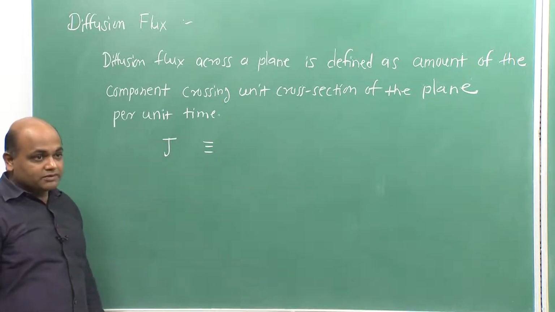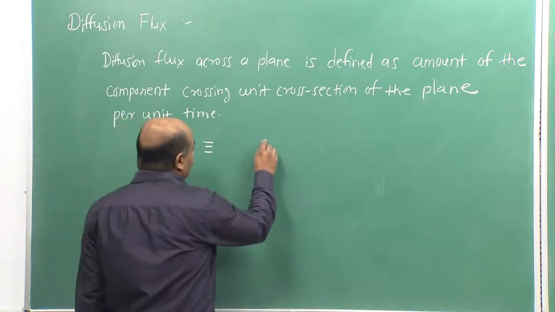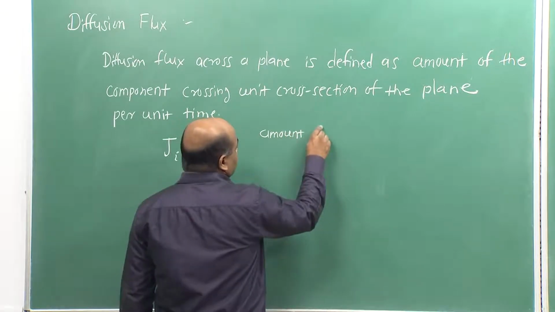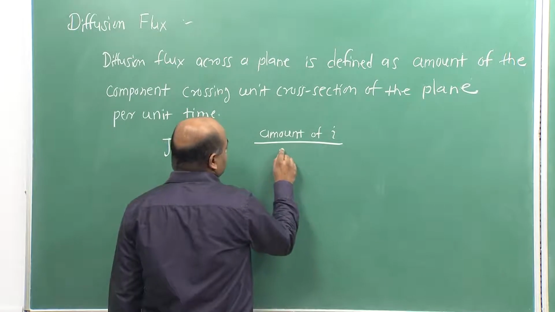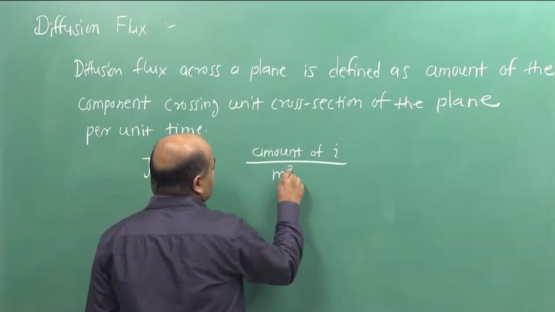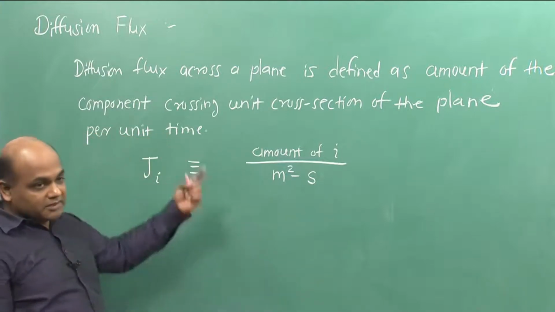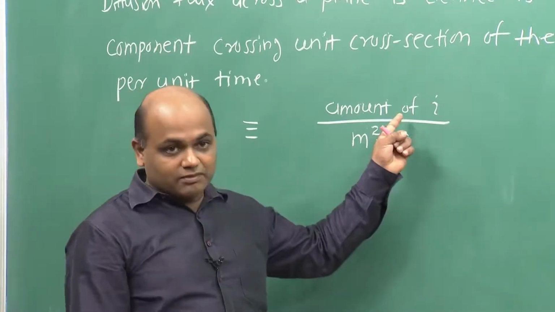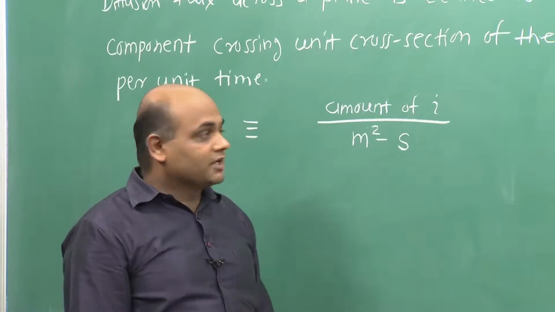So, if you talk about diffusion flux of component I, its unit will be amount of I per unit area per unit time. Now, amount of I can be expressed in various units, that can be in terms of number of moles or number of atoms or weight, or it can be even volume.